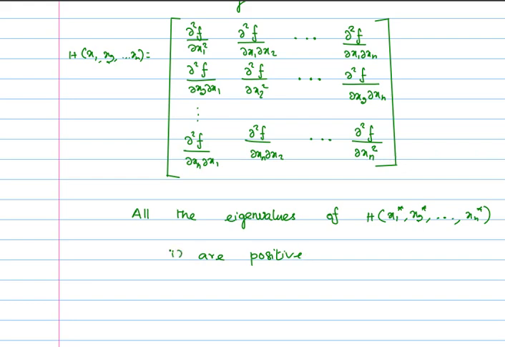This is the first case: if all are positive, then it is a relative minimum.